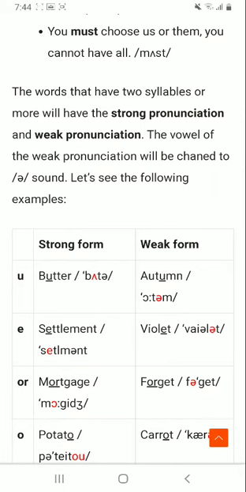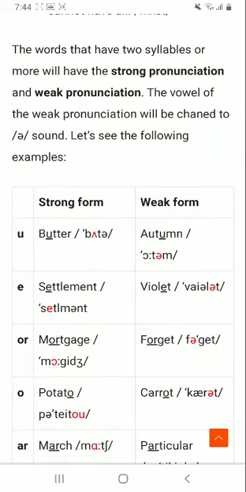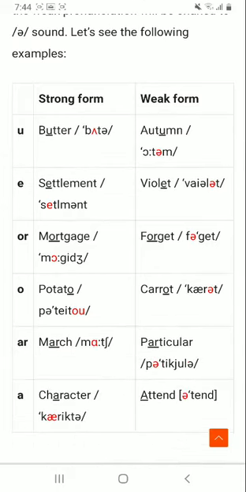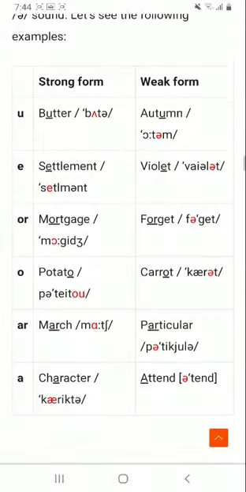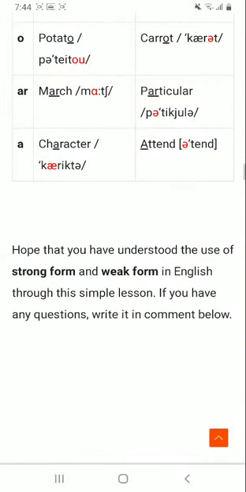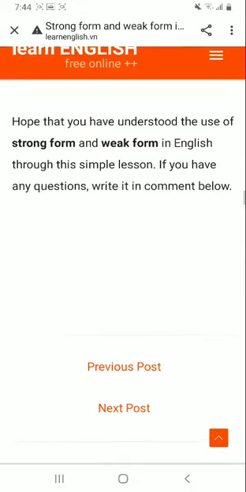Always the vowel of the weak pronunciation will change to the schwa sound. Here comes the sound. Hope that you have understood the use of strong form and weak form in English through this simple lesson.